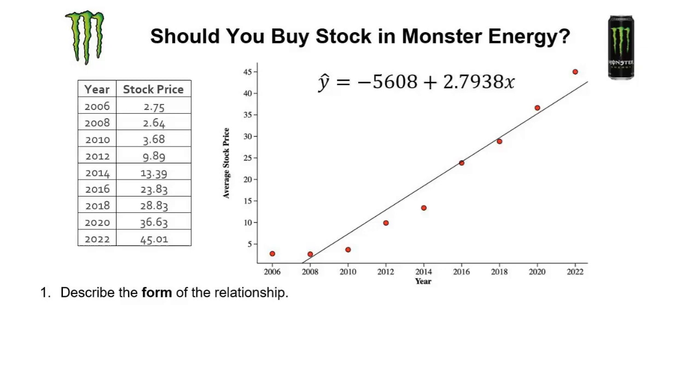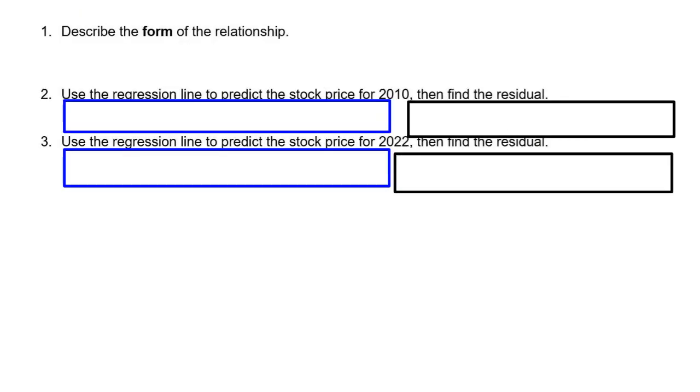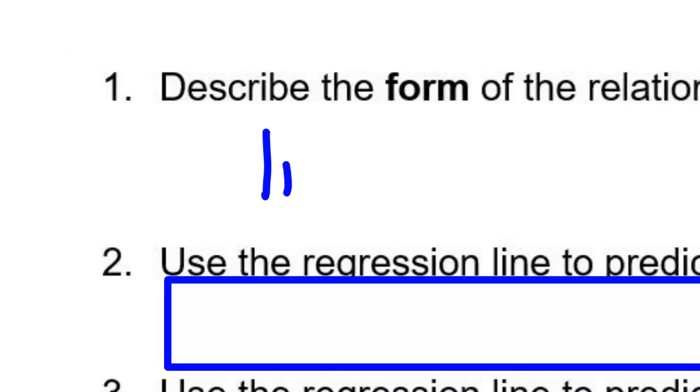How would you describe the overall form of this scatter plot? Looks approximately linear. All right, let's go ahead and write that down for number 1. This has a linear appearance to it.